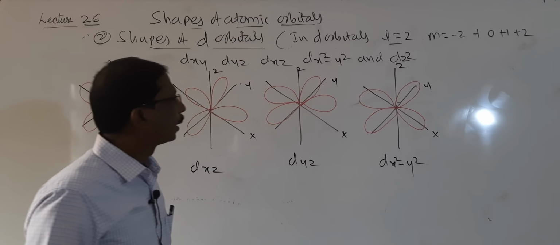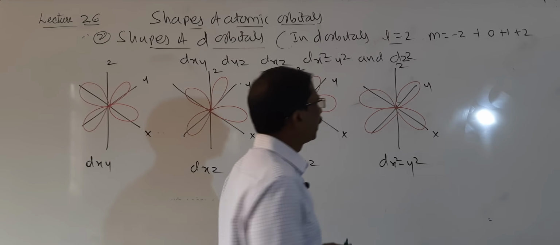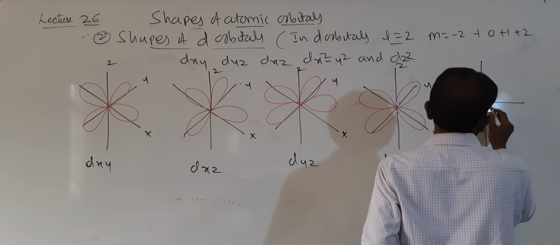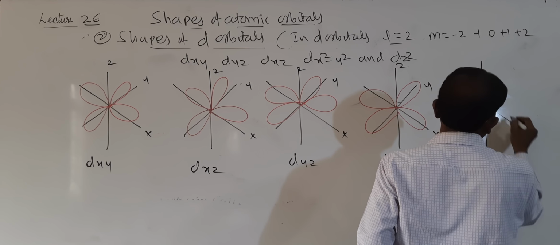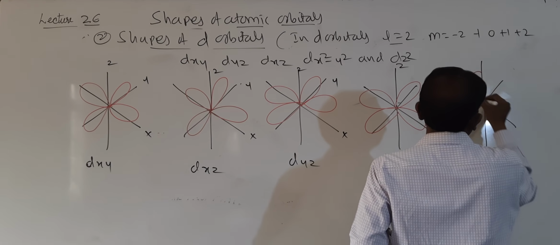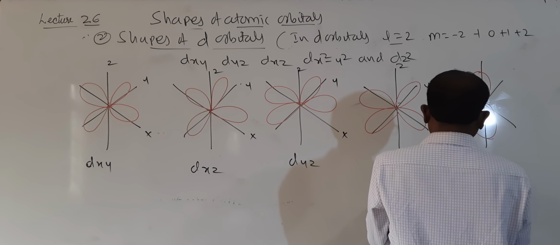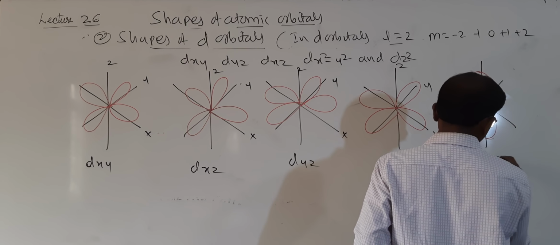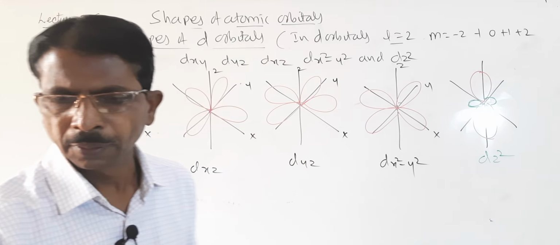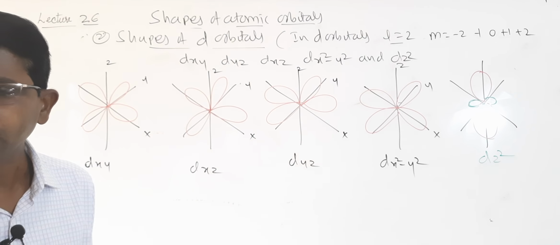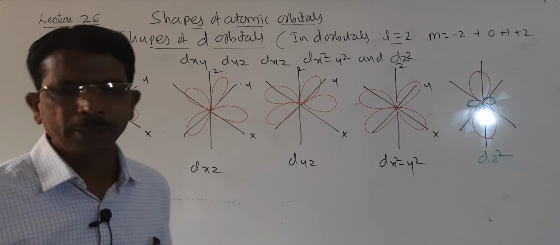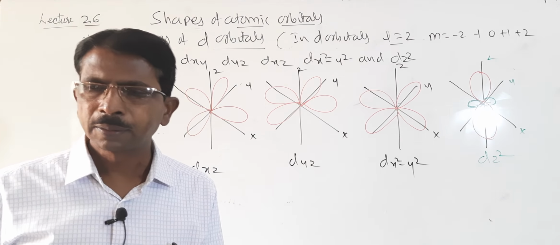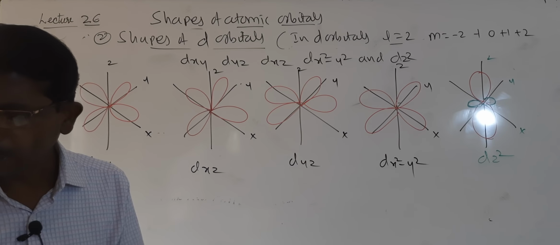It is like this, dx square minus y square, and then the last one is called dz square. Look here students, it is about dz square, x, y, z. So it is about the shapes and structures.